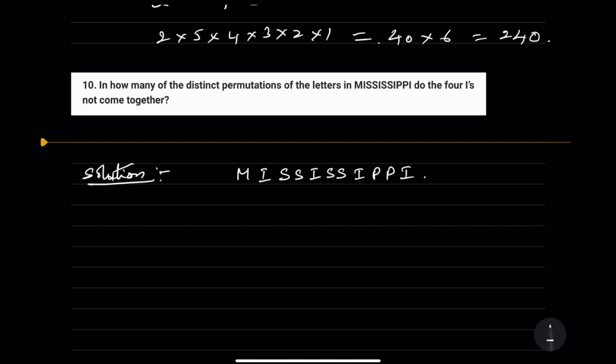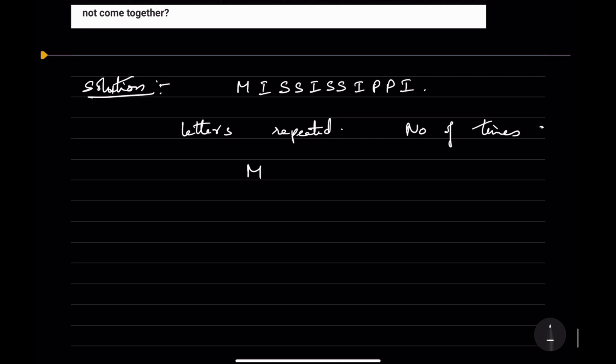So here we'll write down the letters repeated and the number of times. First, M is given, so it is repeated only 1 time.